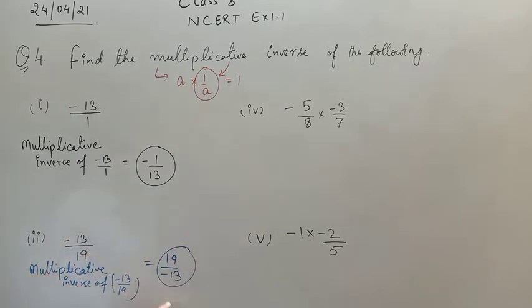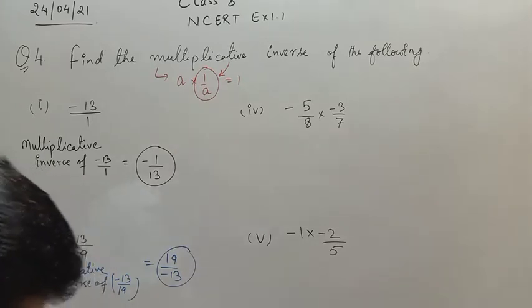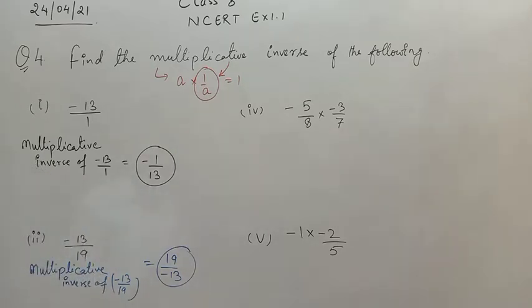Just reciprocal of this, right? Minus 13 upon 19, the reciprocal of this is 19 upon minus 13, which is nothing but the multiplicative inverse of this number. And if you multiply these two numbers, what result you will get is equals to 1, right? Please note it down fast.